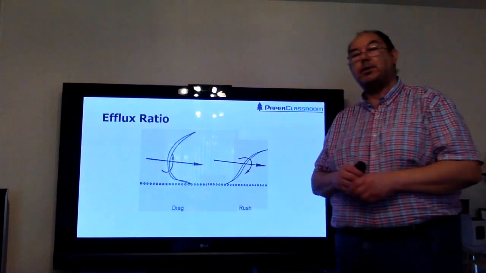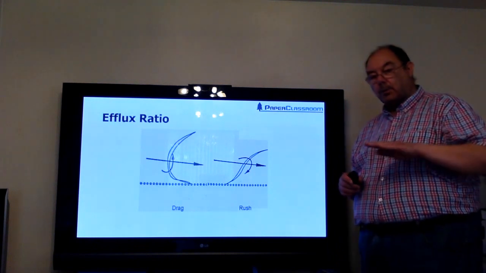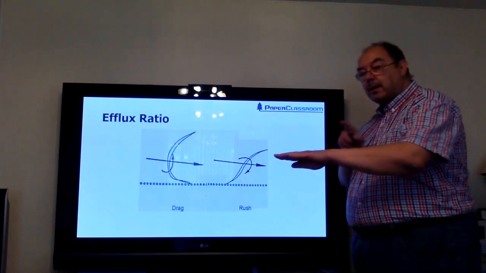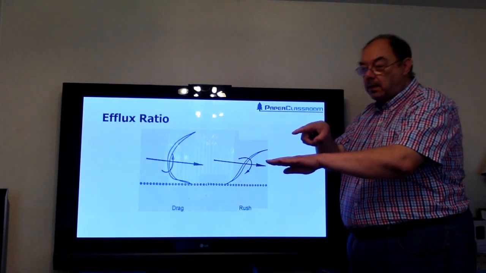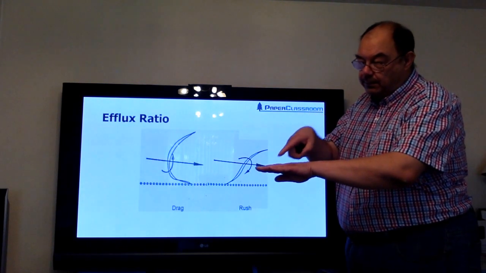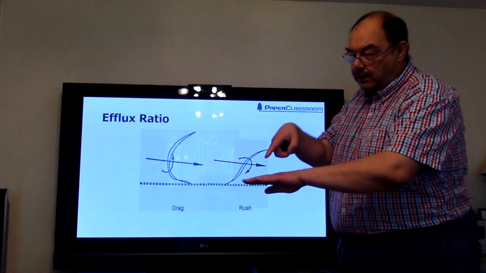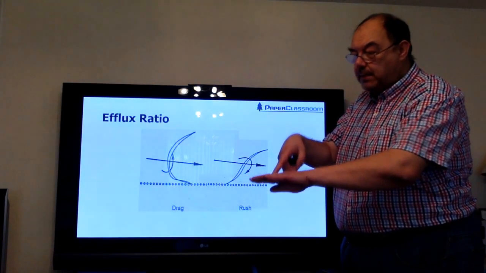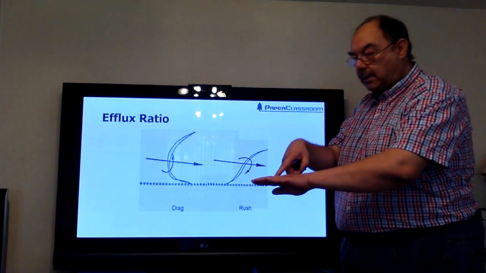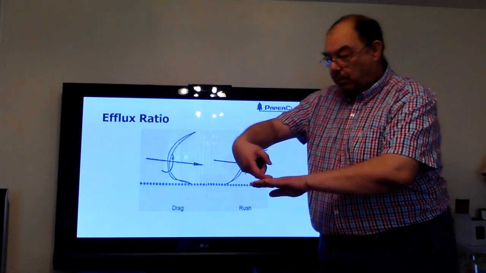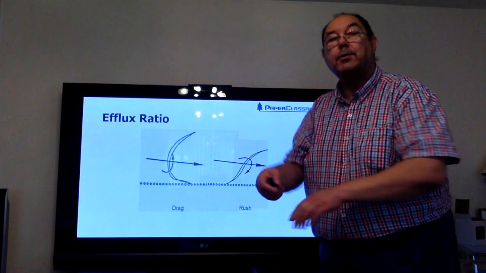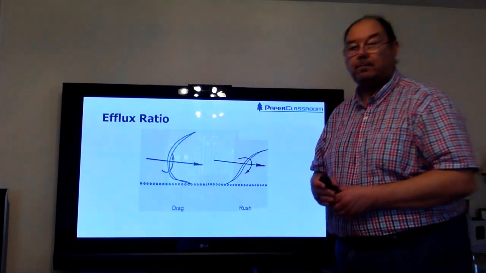In the rush situation, the wire is travelling along at one speed, the fibres come out at a faster speed, and the beginning of the fibre hits the wire. The front of the fibre will immediately slow down to the wire speed. The back of the fibre will keep going faster and will tumble over and it could land in absolutely any orientation.